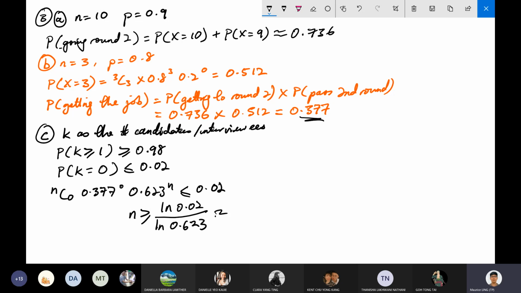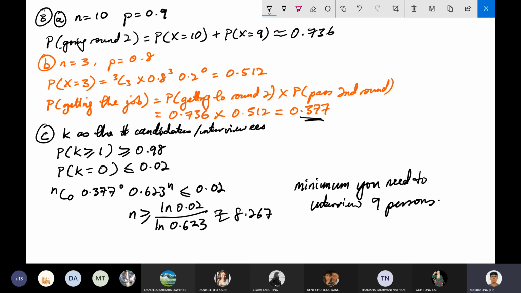That gives you approximately 8.267. So minimum you need to interview 9 persons. This is the same way of calculation. Question 2 and question 3 are almost the same.